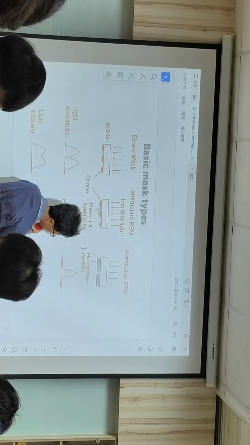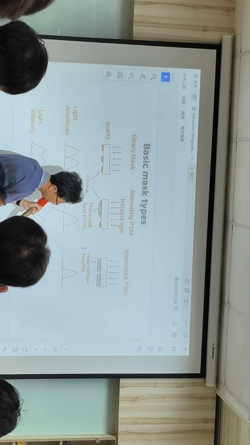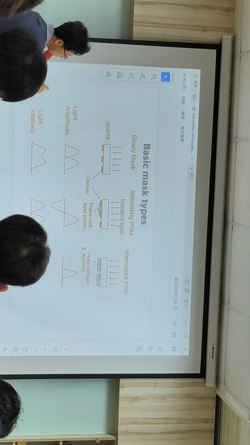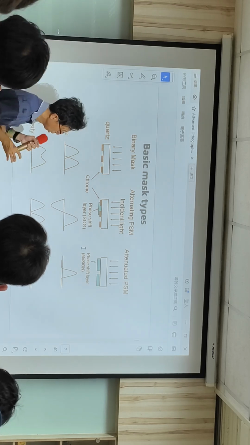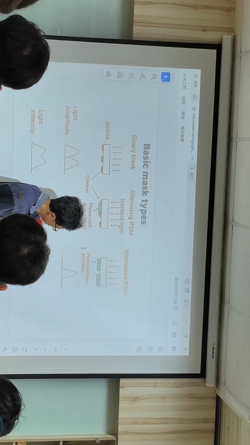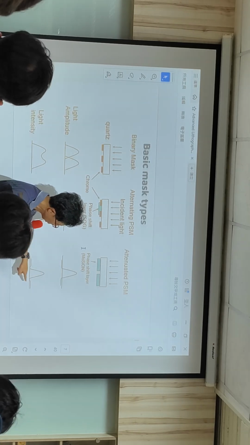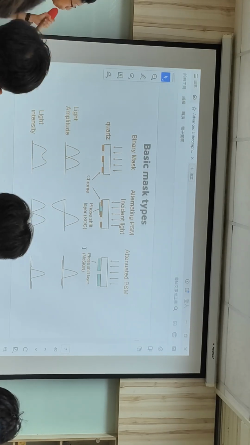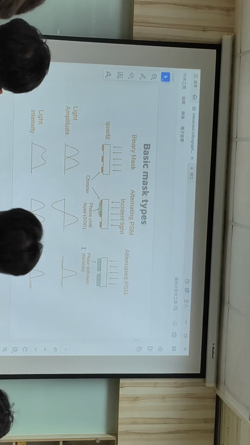So basically you will have this dip, because intensity is the amplitude squared. If the amplitude is 6%, intensity is lower, this is 100%, and it has to go through 0 over here. So that's how we get these three types of mask.